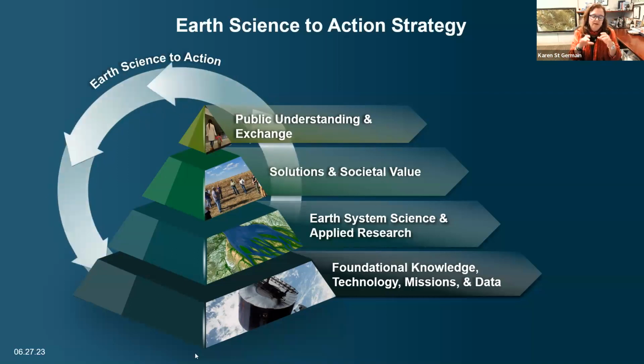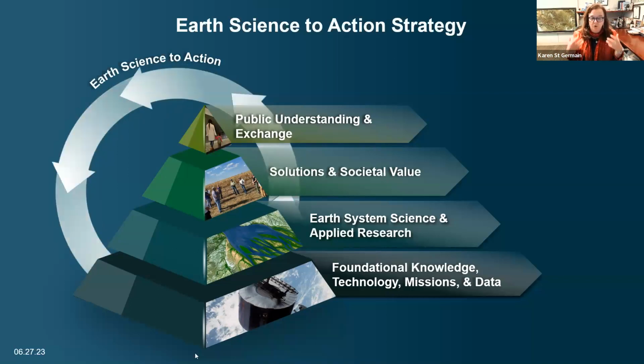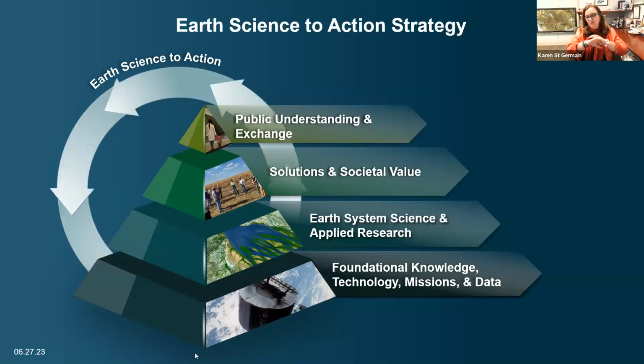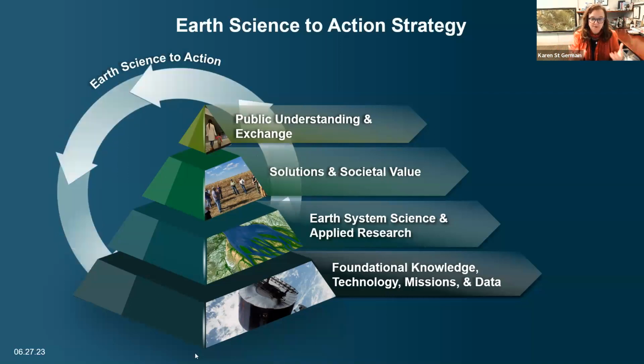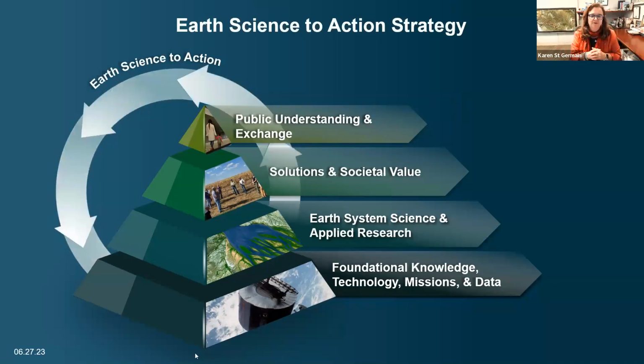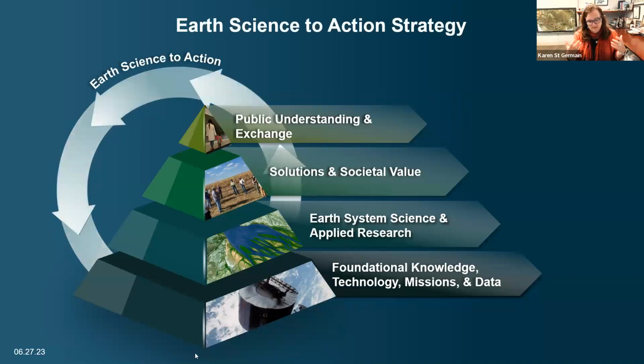That also, in that rubric of foundational knowledge, includes our core models and so forth. The next tier up is all of the research that we use to advance that foundational knowledge and build new applied research areas. That allows us to get to the next tier, which is the solutions and societal value.